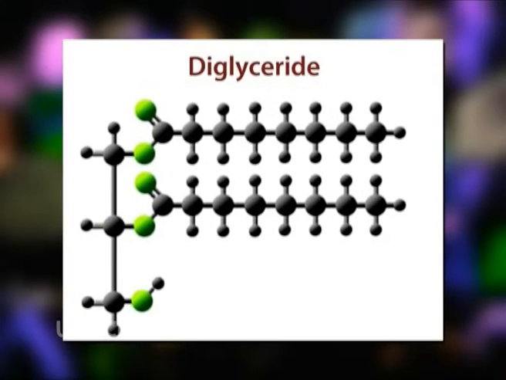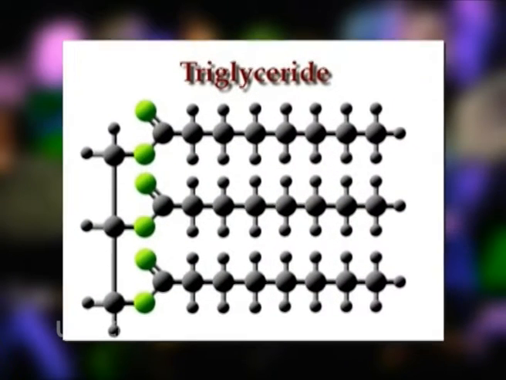And if 2 fatty acids are bonded with 2 hydroxyl groups of glycerol, the compound is a diglyceride. Triglycerides are formed when all the 3 hydroxyl groups of glycerol are engaged in bond formation with 3 fatty acids.